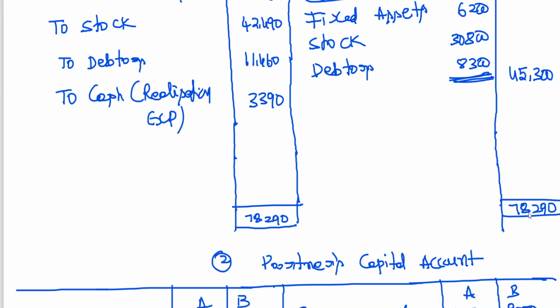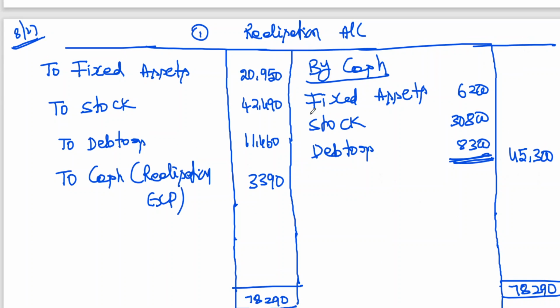Minus 45,300. So we are getting a balance of 32,990. The 32,990 is a loss.